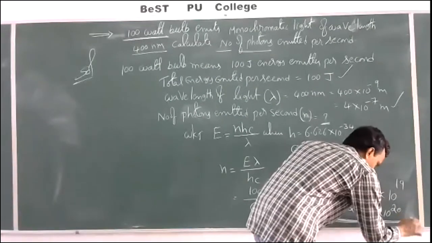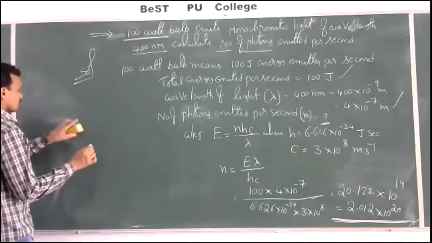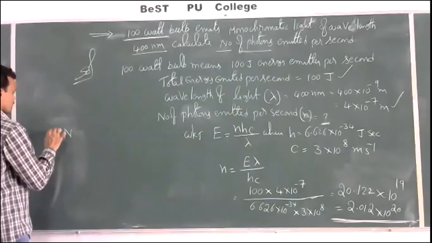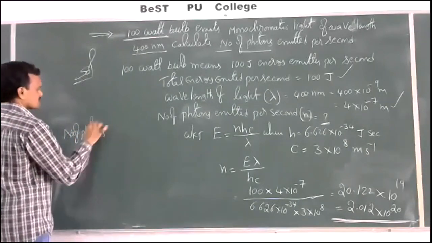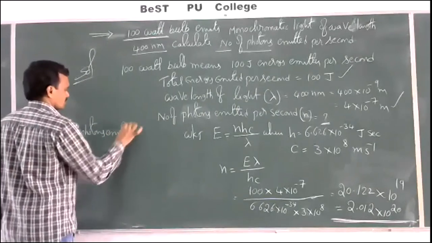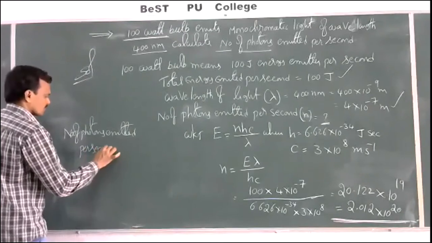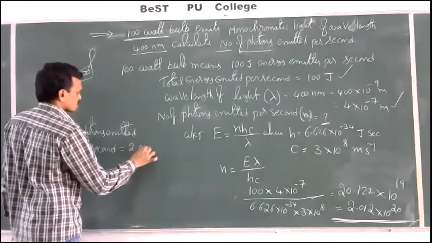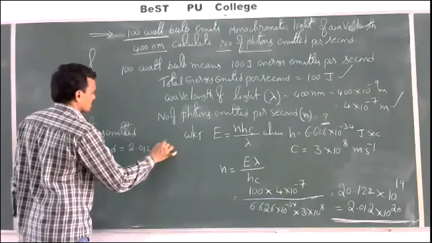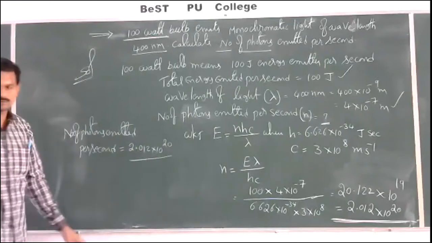Therefore, number of photons emitted per second is equal to 2.012 into 10 power 20. This is the final answer what we require.